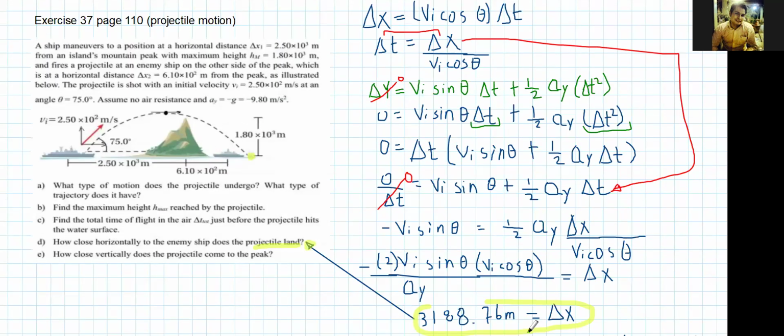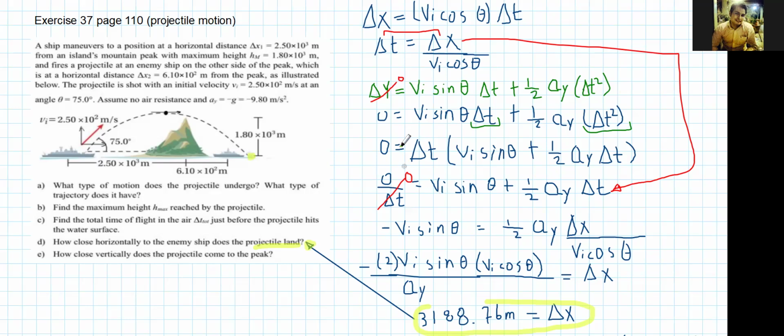So this horizontal displacement is equal to 3,188.76. Here we have it step by step. And remember that the vertical displacement is equal to 0, because after the motion we don't have a vertical displacement, since this is the same line of reference.